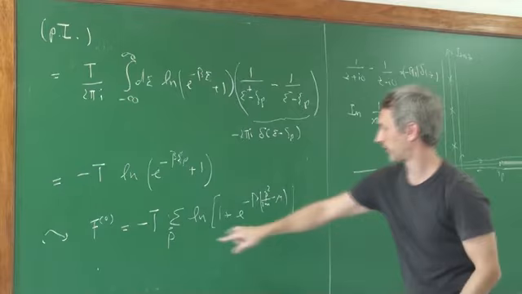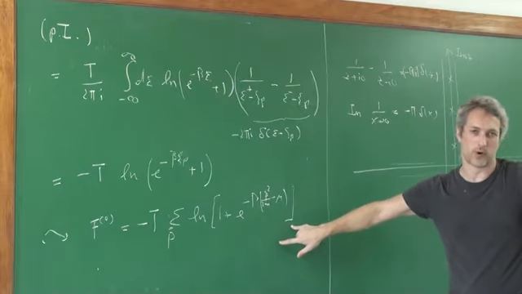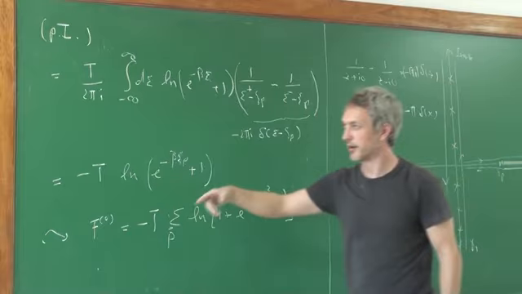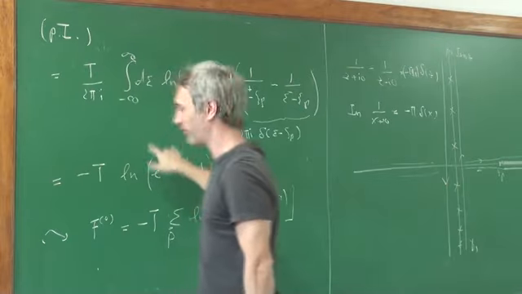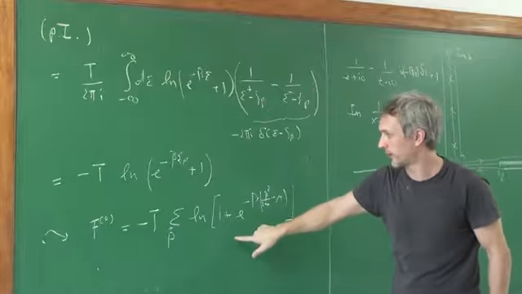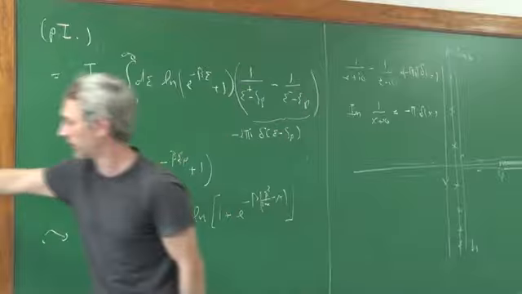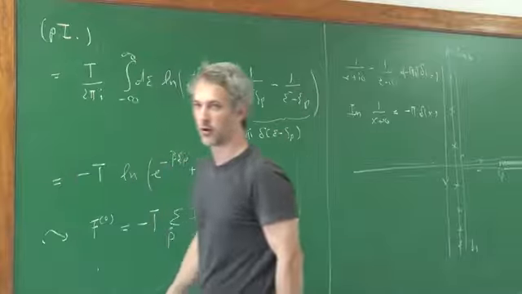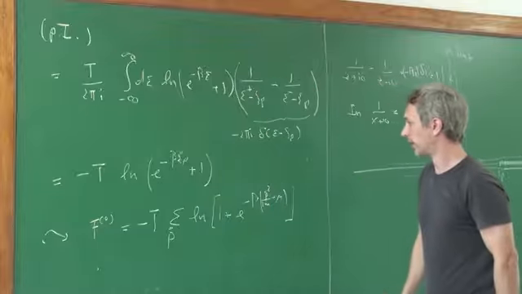Okay, this is of course what we know. So this is, in a more complicated way, deriving something that you already know from statistical physics, but once you see how you derive this from the Matsubara field integral.